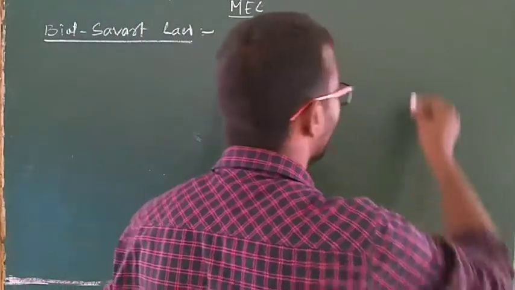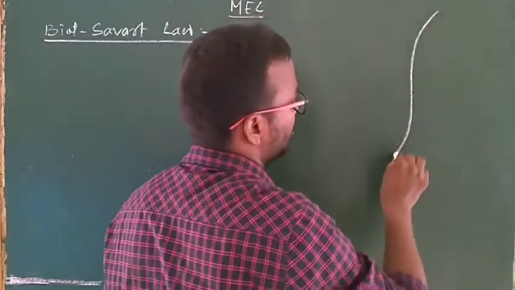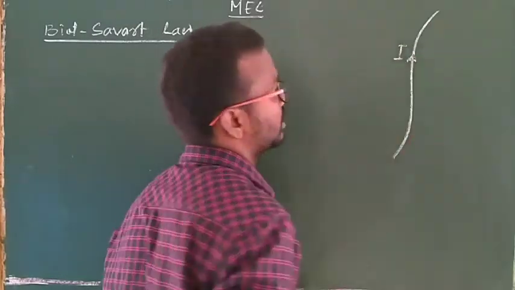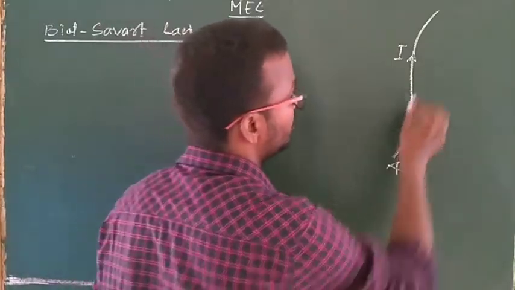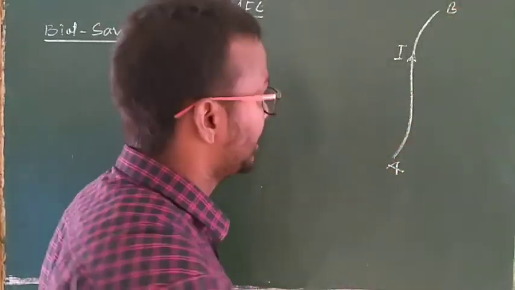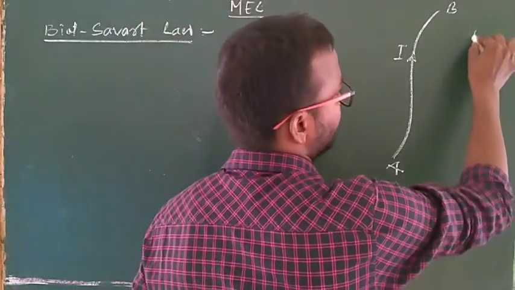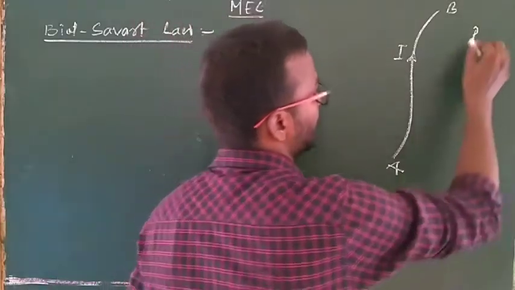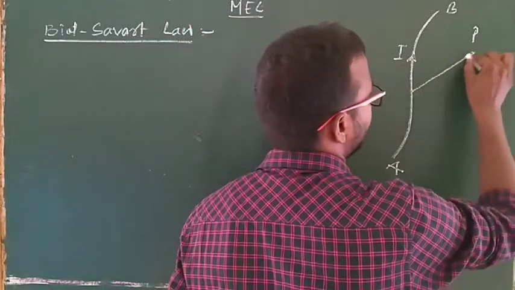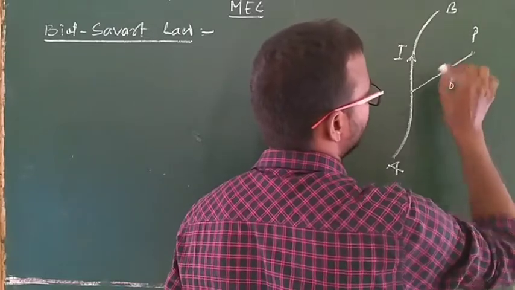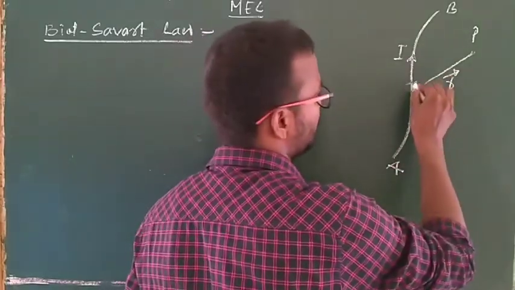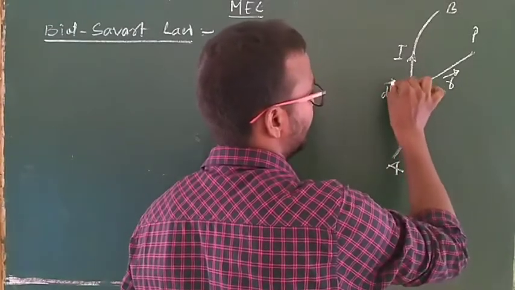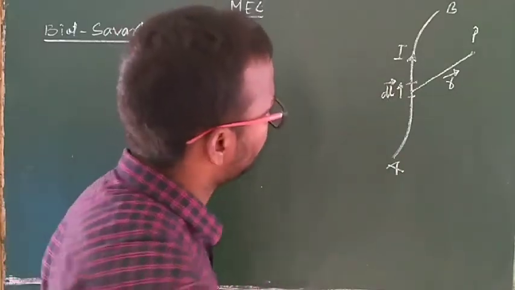Suppose there is a current carrying conductor and I is the current flowing through the conductor from A to B. Clear? There is a point P where we have to calculate the magnetic field, at a distance r vector due to this length element dl.